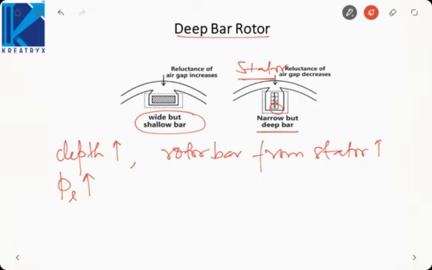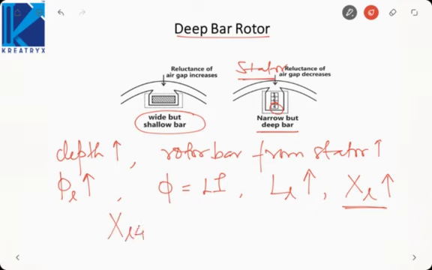If the leakage flux increases, since phi is defined as L into I, leakage inductance will also increase, so leakage reactance will also increase. That is why the leakage reactance of bar 4 is greater than the leakage reactance of bar 1.